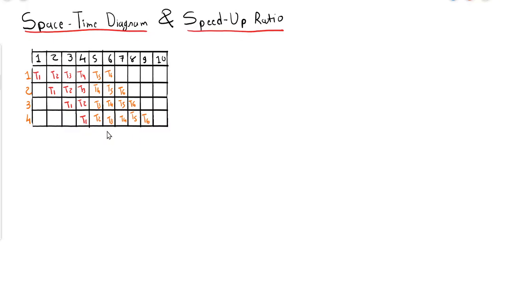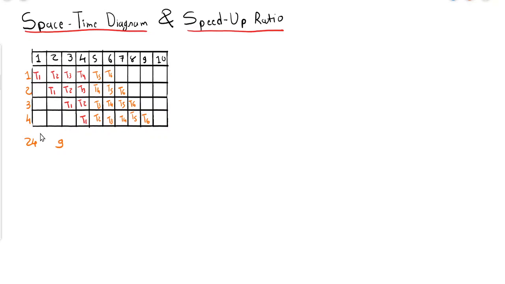As you can see in the figure, if you go with the non-pipeline system, then maximum time will be required. Let's say each instruction takes 4 seconds, then 6 into 4 is 24. If you go with the pipeline system, let us assume each segment takes 1 second, then for completing 6 tasks we will require only 9 seconds.